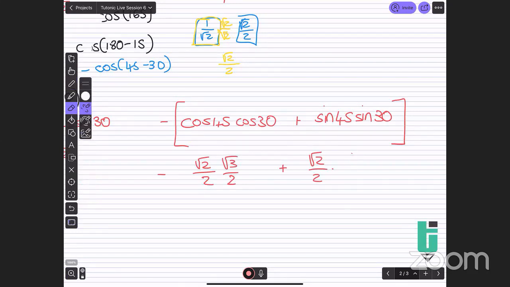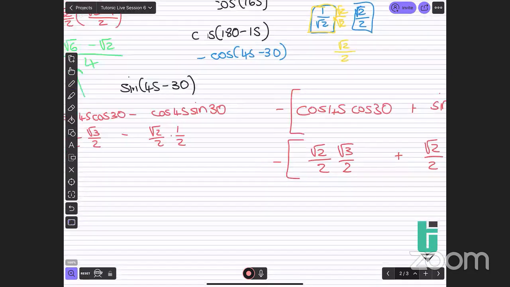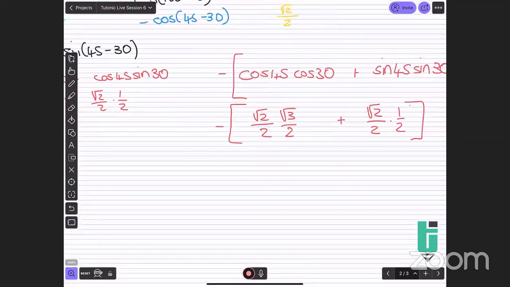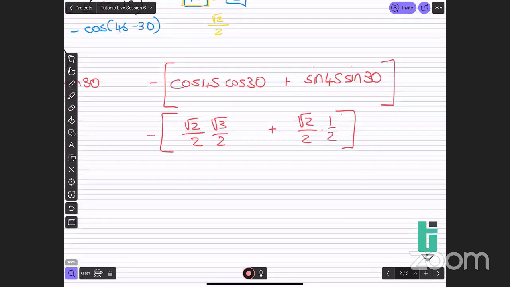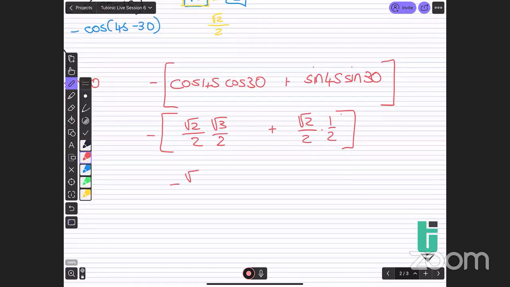But what does the minus do? Yeah, you distribute it, I think. So it's not entirely the same, because in the past it was that minus, so it's going to be minus root 6 over 4 minus root 2 over 4.